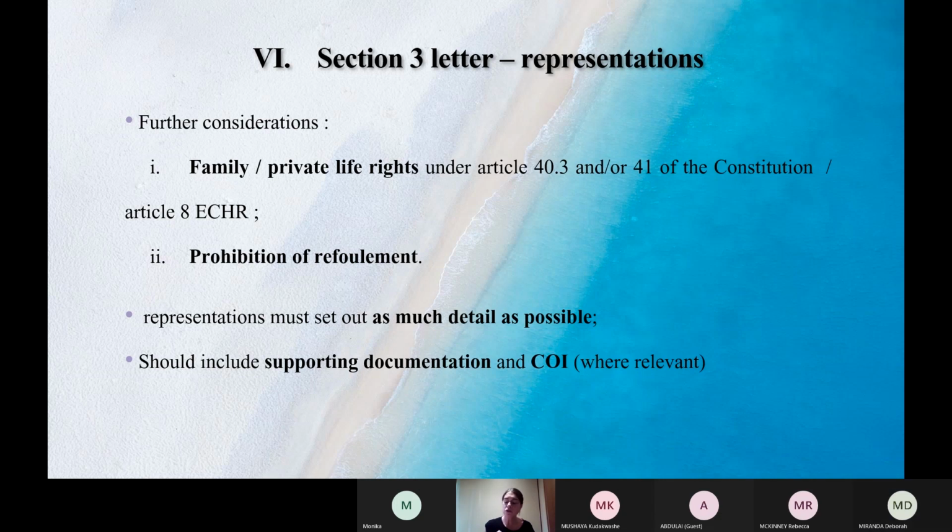So these are family links in the state, and if a person doesn't have family in the state, private life links.